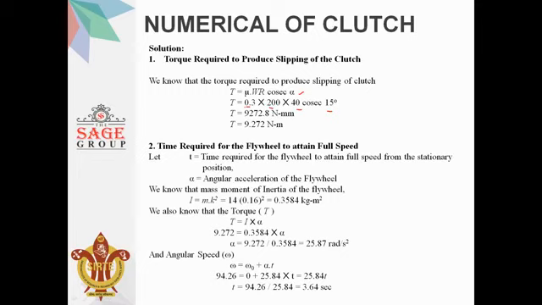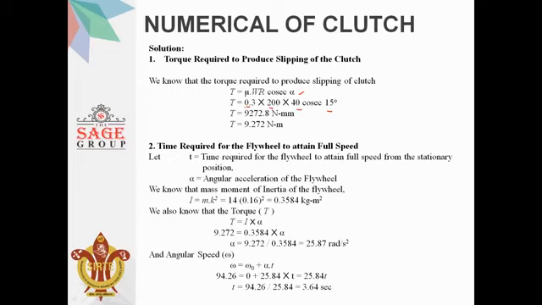It is the moment of inertia for the flywheel. So m is given 14 kg and k also is given 0.16. So we identify the moment of inertia which will be 14 into 0.16 square, that is equal to 0.3584 kg meter square. Okay, this is moment of inertia for flywheel.